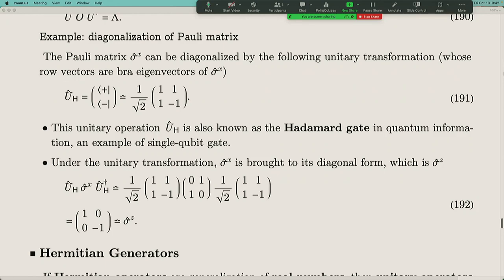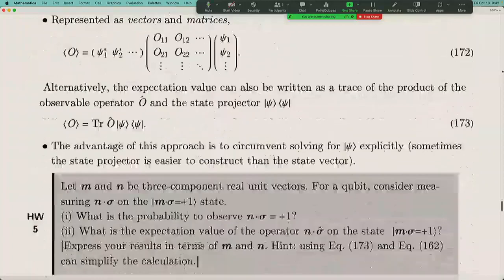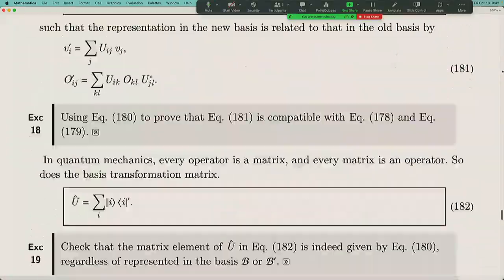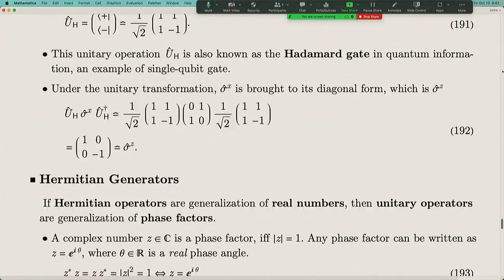So this is a very important operation which allows us to transform sigma x to sigma z. But why is that important in quantum information processing? Because sometimes we want to measure sigma x, but actually there's no way to measure sigma x directly. On a quantum device, the only thing you can measure is sigma z. Sigma z is the only observable you can directly measure.